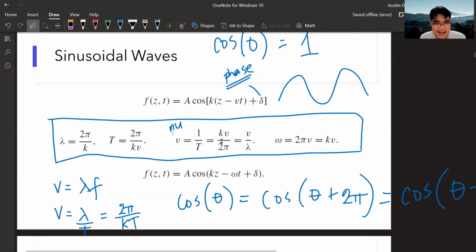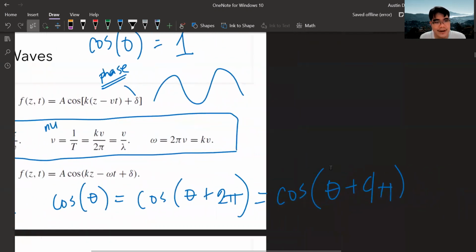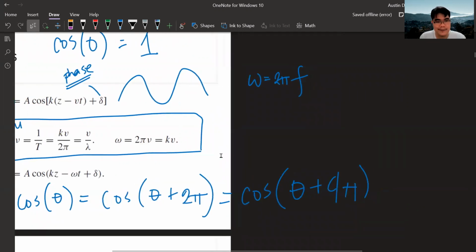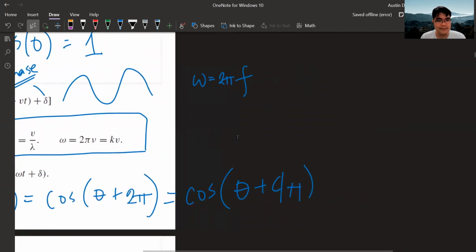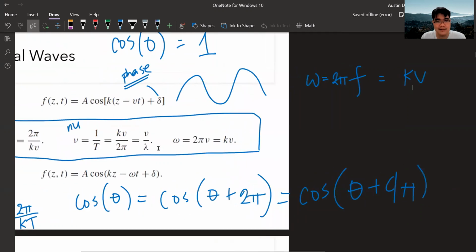Okay, and then we have another one here, which is your angular frequency. So angular frequency is just 2 pi f, or 2 pi nu, kung gusto niyo yung connotation ni Griffiths. And then you can write this down as kv in terms of the wave number and speed.